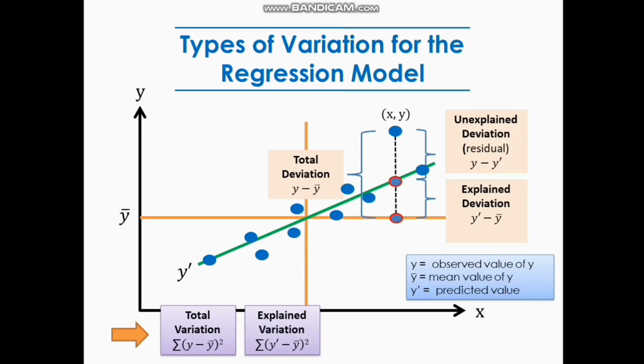Similarly, the explained variation is calculated by summing the square of all the explained deviations, or the summation of the square of y prime minus the mean of y. And lastly, the unexplained variation is calculated by summing the square of all unexplained deviations, or the summation of the square of y minus y prime.